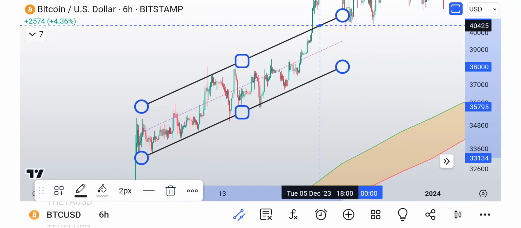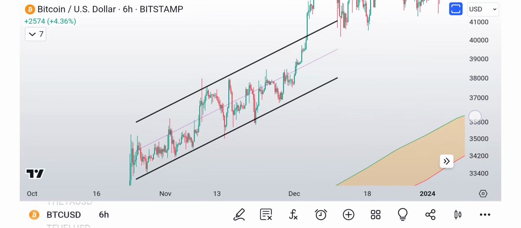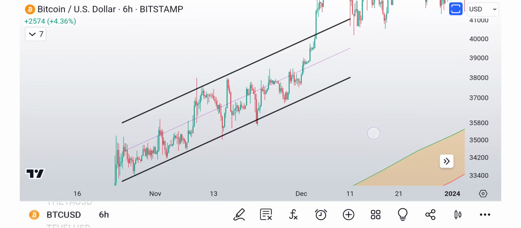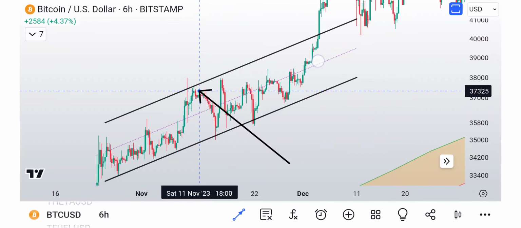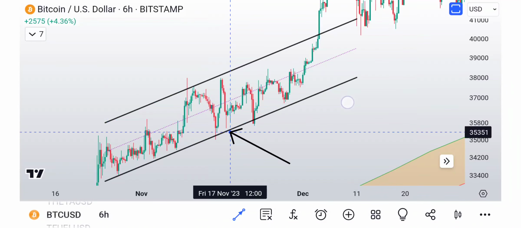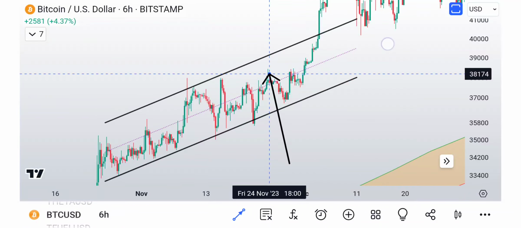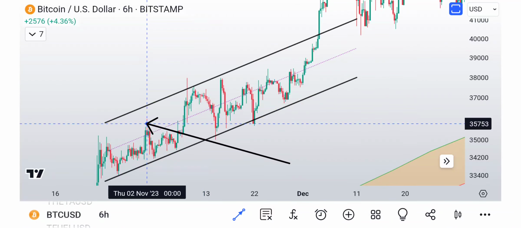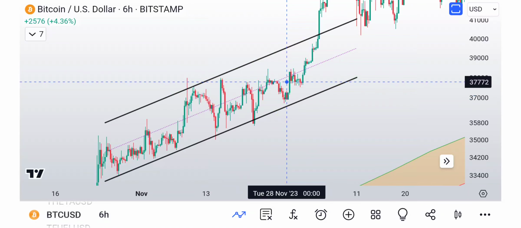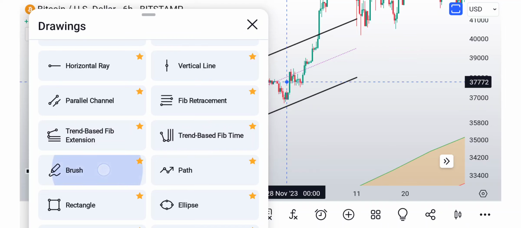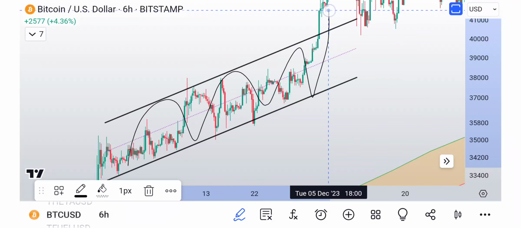So you can see we came up, made a higher low, came up, made a higher low, right? Came up, slightly higher low, came up, made a higher low, right? And you can see this basically ascending channel, where you have this oscillation in this ascending channel before a big breakout.